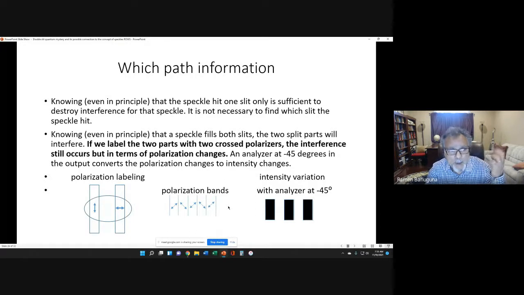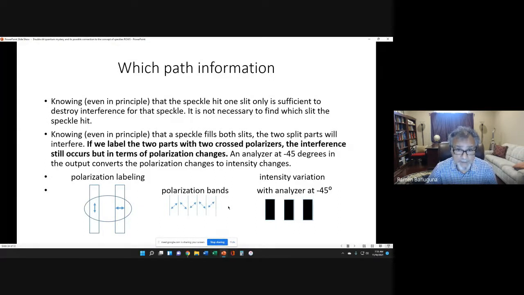People say that, in the case of an electron or a photon, even if you know in principle that it went through one slit or the other slit, that means if you can pinpoint whether it went through slit number one or slit number two, it is sufficient to destroy the interference for that electron or photon, whatever it is.